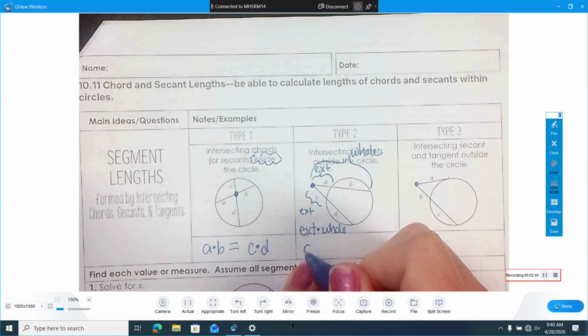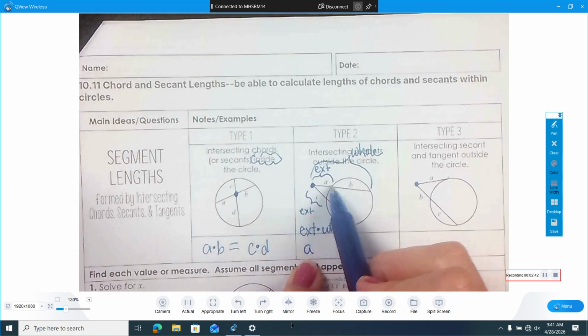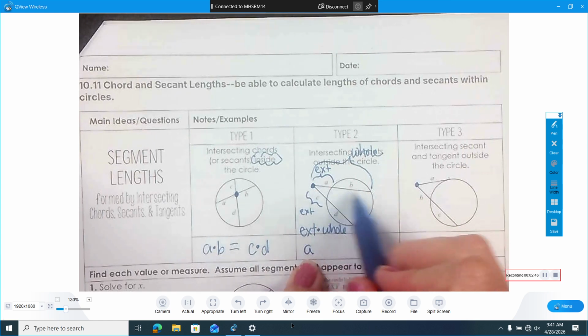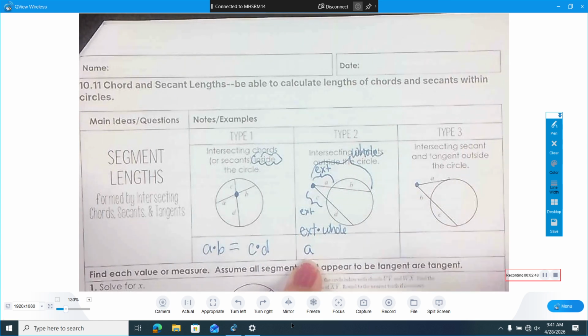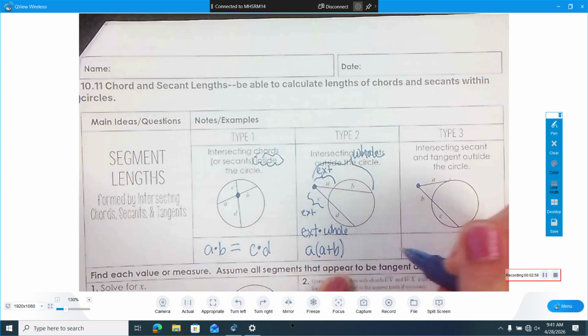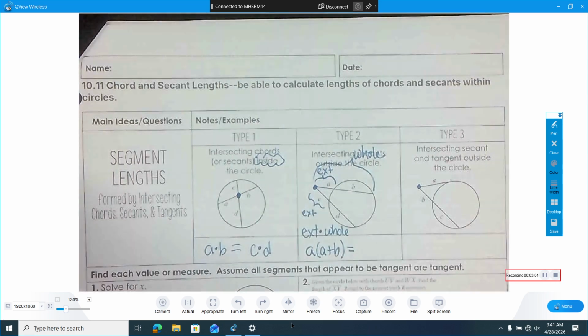So when I look at this picture, what's the exterior portion? Just the A and C. So I'm going to start with the A. If A is like 5 and B is like 7, what's the length of the whole thing? 12. How'd you get 12? 5 plus 7, you're just adding. So we want exterior times the whole thing, the A plus the B added together. Exterior times whole is equal to the other exterior times whole.